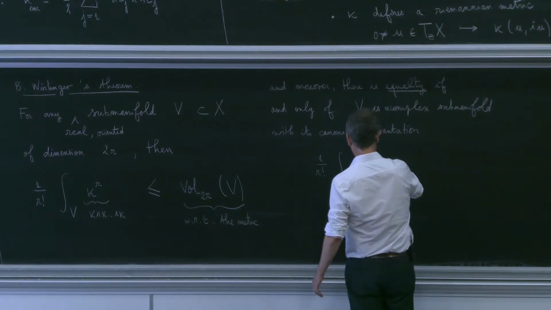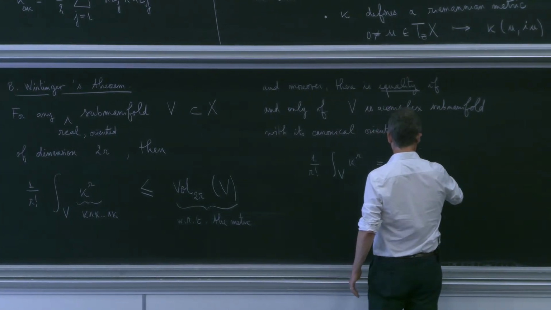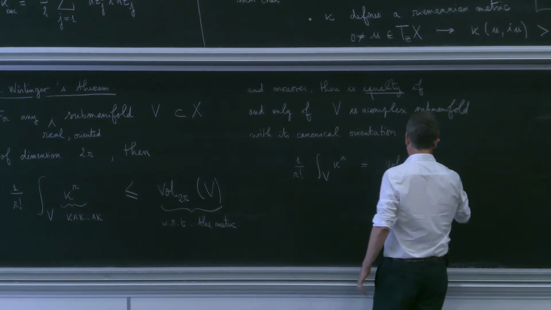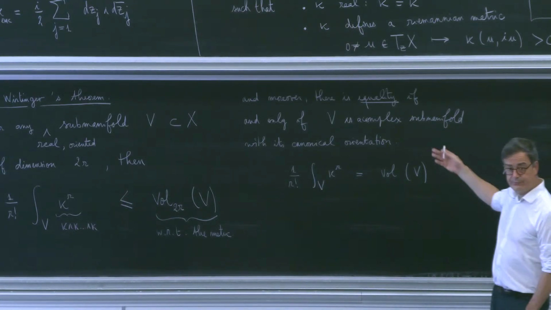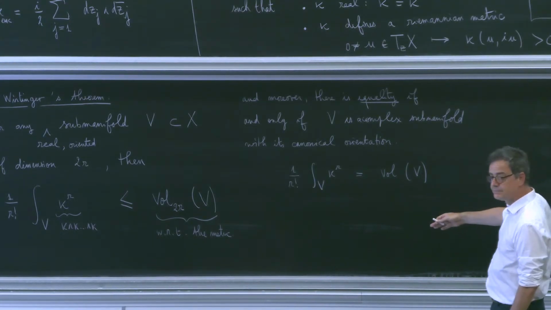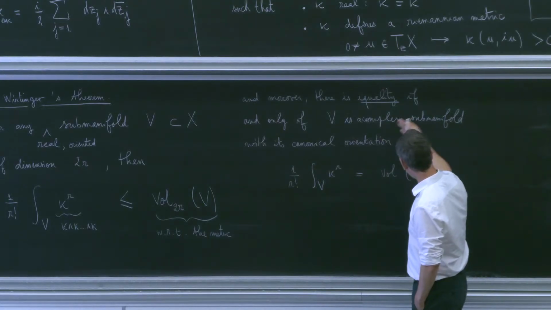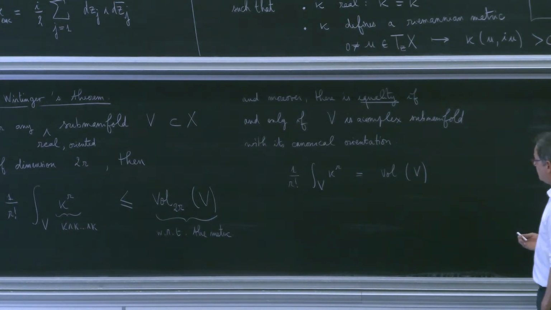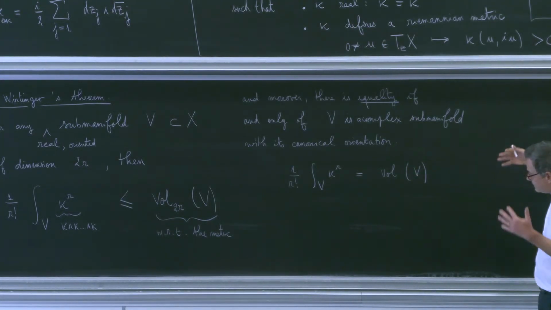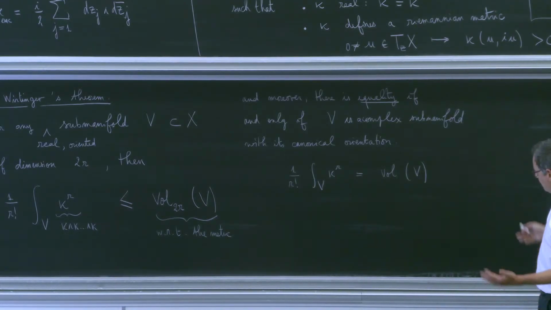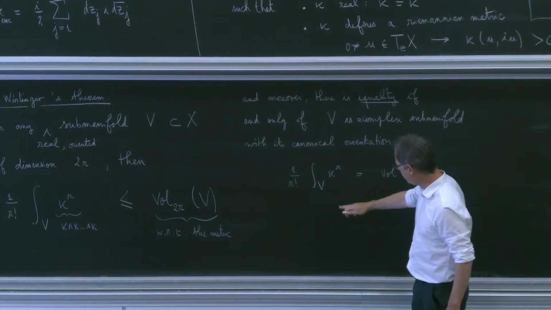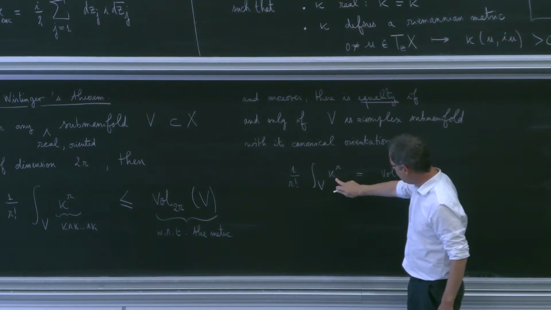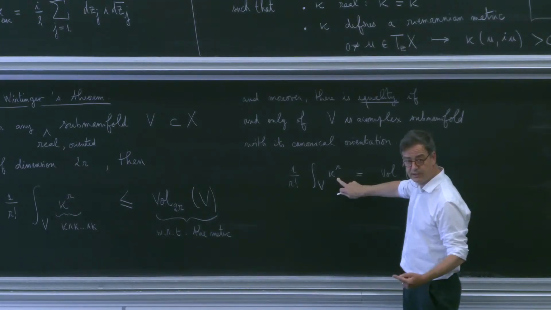So this is the volume of V if V is a complex submanifold. So now if X is compact Kähler and V is a submanifold of this compact Kähler manifold, then I can take the class of V in homology, and I can take the class of kappa in cohomology because kappa is closed.